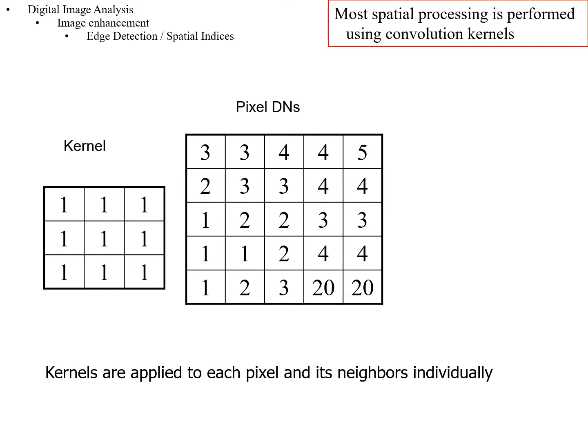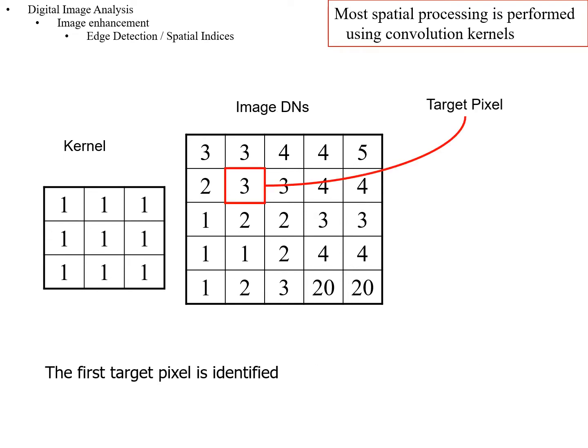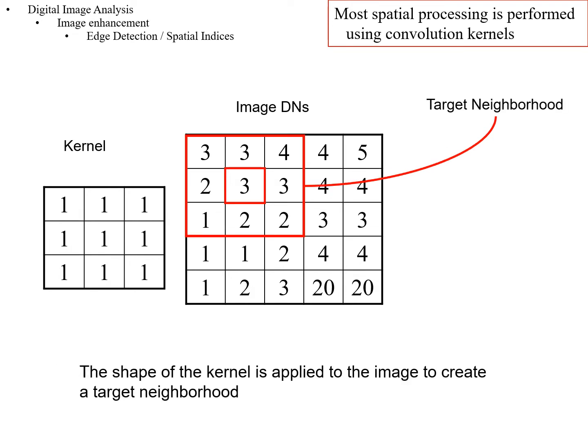We're going to apply the kernel to each pixel and its neighbors individually. What does that mean? Here's our first target pixel, and that'll be the target neighborhood, an area with the same shape as the kernel, but located over that first target pixel.